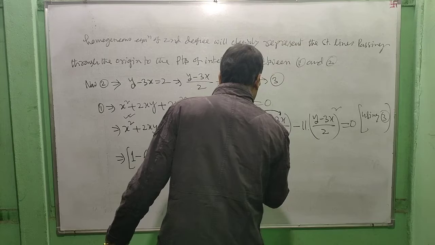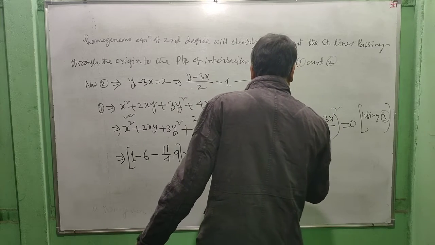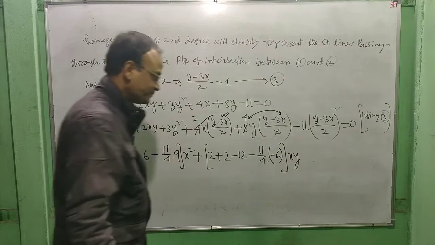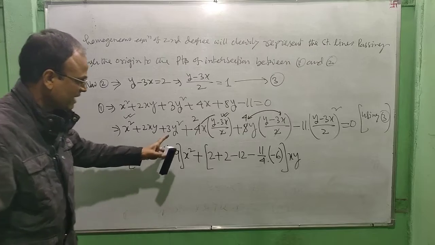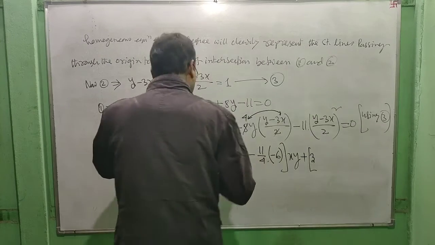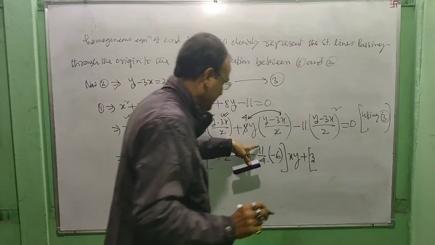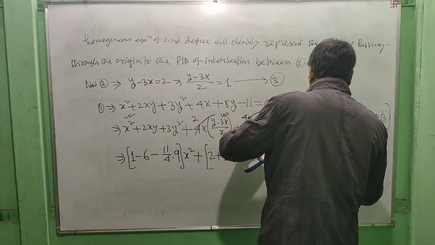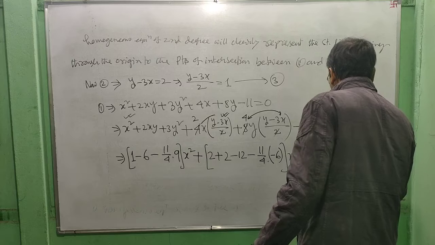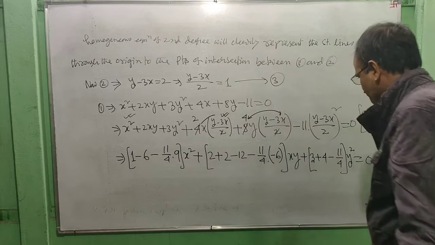Minus 11 by 4 into minus 6xy, you will get minus 6xy. Now terms involving y square: here it is 3y square, there is no term containing y square, it is 4 plus 4y square, minus 11 by 4 whole square equal to 0.